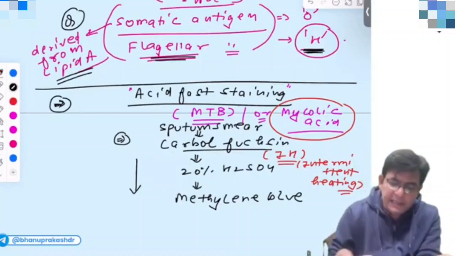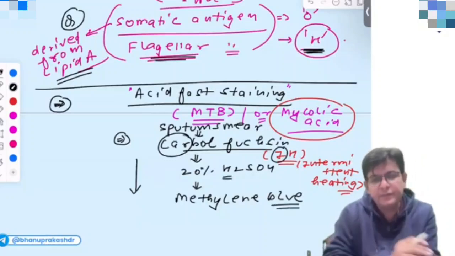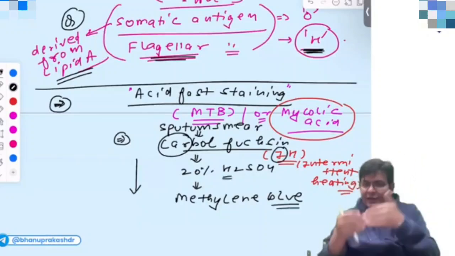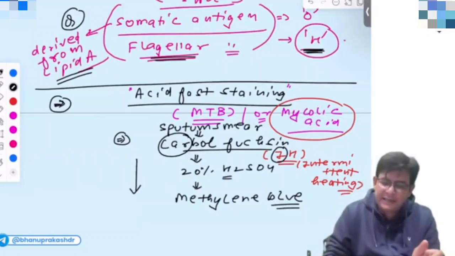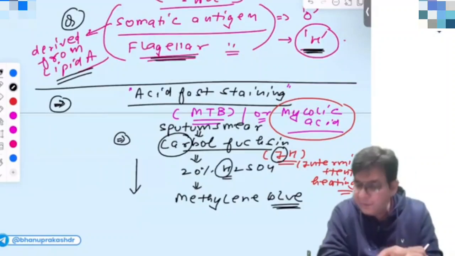Again, how to remember the sequence? Car, inside, hai. Which color? Blue. So this gives you the sequence. Because in the exam they keep jumbling it up: carbol fuchsin, then they put methylene blue, then H2SO4.